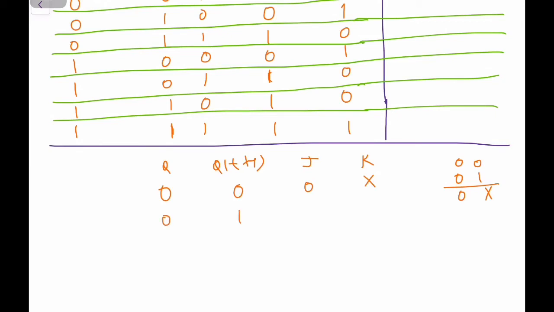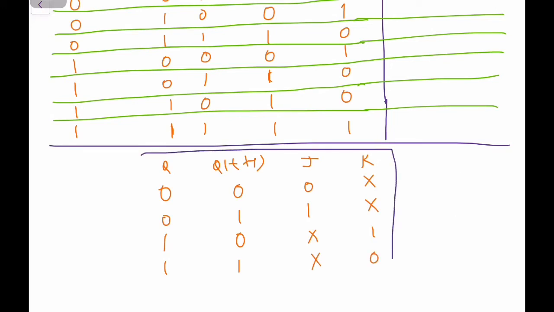If the present state is 0 and the next stage is 1, then the JK input can be either toggling 1 1 or 1 0. So it is 1 and don't care. If this one is 1 0, then again either 0 1 or toggling, so don't care and 1. If this is 1 1, then it is a no change condition, either 0 0 or 1 0. It is don't care and 0.